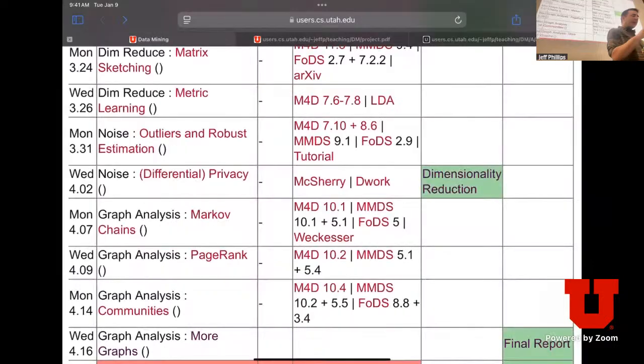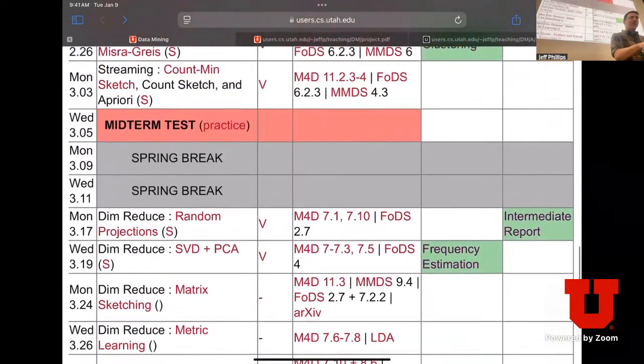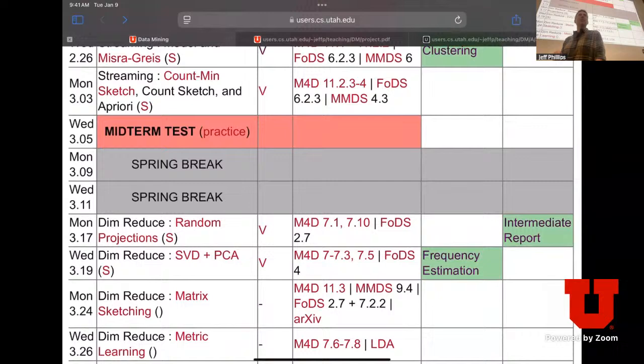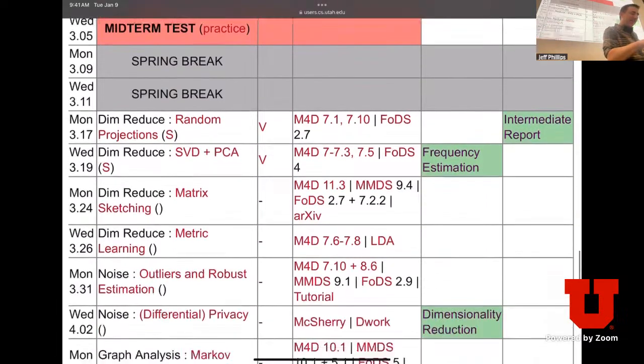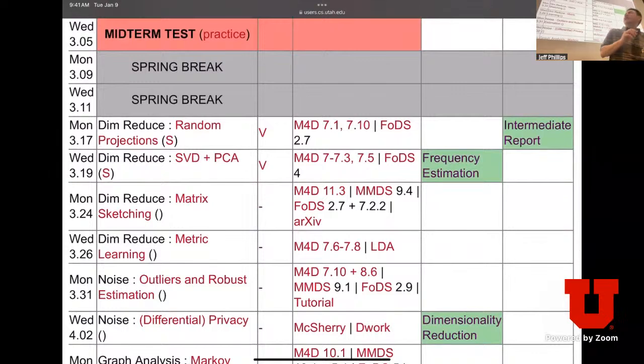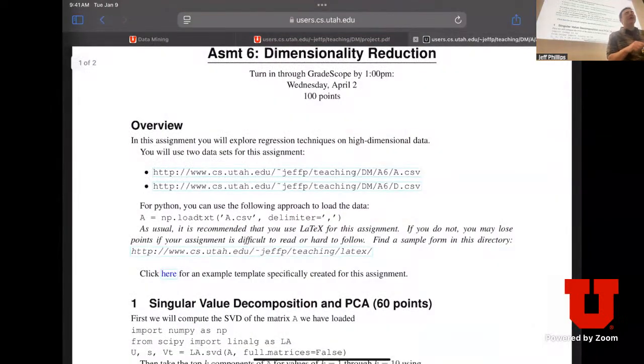I felt like the last week or so for you all in this class was pretty hectic. It was hectic for me too. Meeting with all of you was great, I enjoyed that. But the dimensionality reduction homework is, in retrospect, after I posted it and slept on it, probably simpler and easier than it needs to be.